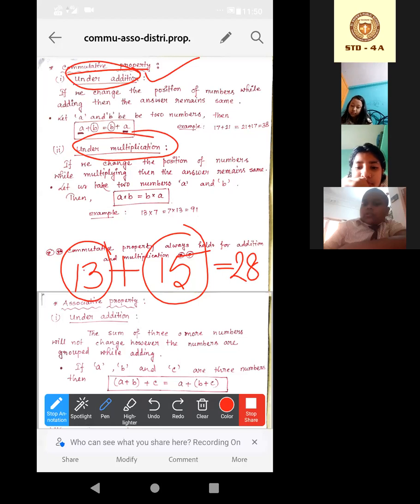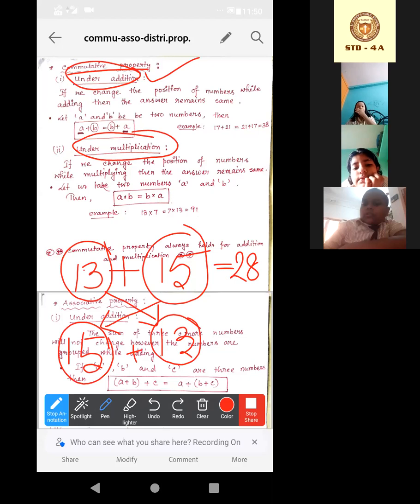Now, if we change its order, first we are taking 15, then we are taking 13, and also we are adding this. Look, we have changed its position. Then also look, we have got 28. Have we got any other number?